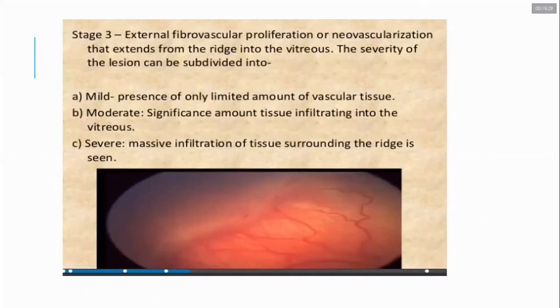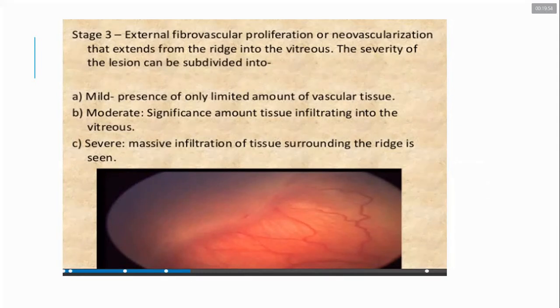Stage 3. You will see the extraretinal fibrovascular proliferation of the new vascularization that extends from the ridge into the vitreous, and the severity of the lesion can be subdivided into mild, moderate, and severe.